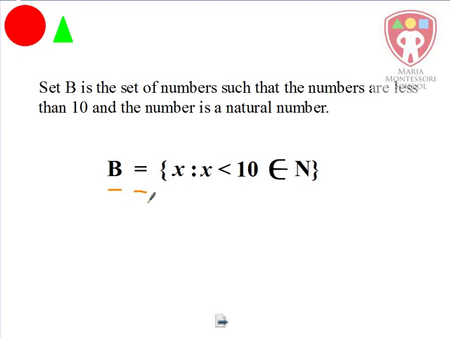Set B equals x such that x is less than 10 and is a natural number. Let's pause the video and see if we can write down the elements or members of set B according to this set builder notation.